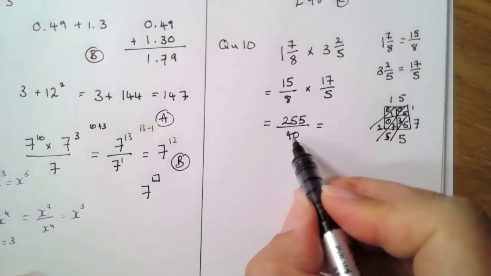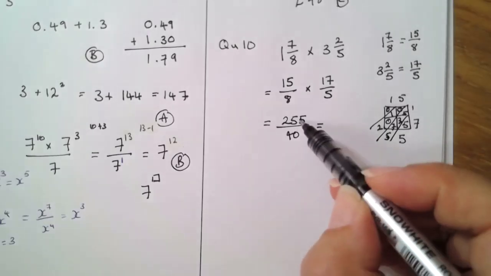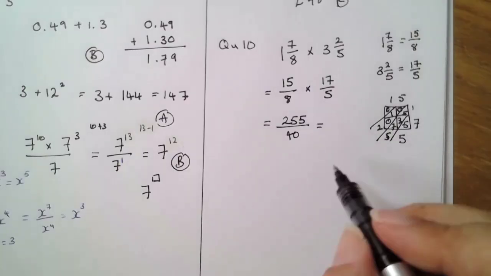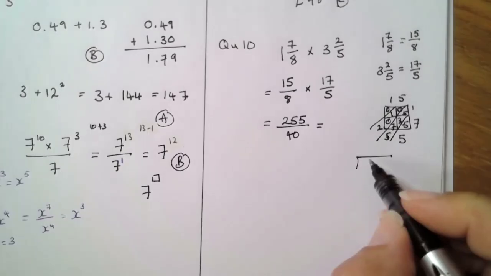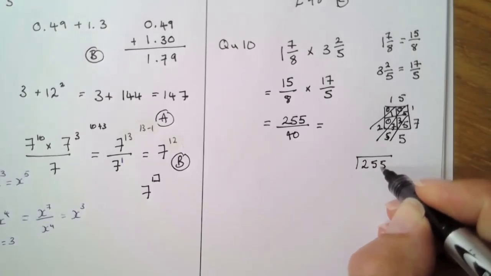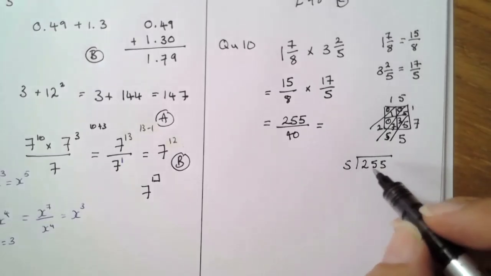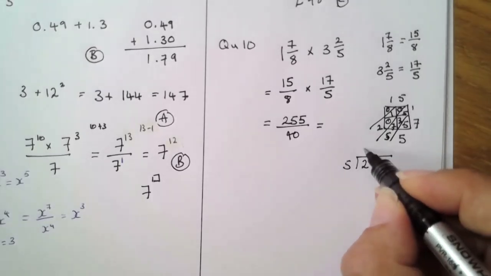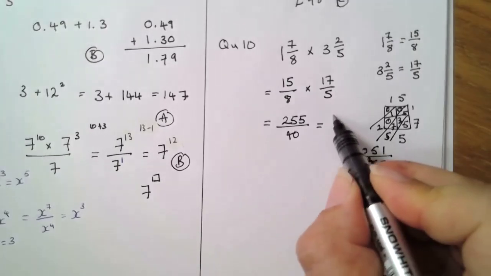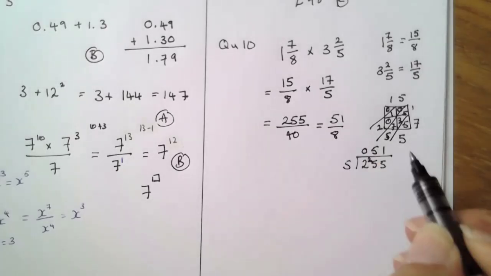And this, again, it's a big number. I know that I know these, 5 is a factor. Both of these numbers are in the 5 times table because the 5 and the 0. So now I'm going to use my friend bus stop to find out how many 5s go into 255. I don't know about the 4s, I don't know about 8s, so I'm just going to do this right now. 5s into 2, carry the 2, 5s into 25. This is 51, so this is now 51. 40 divided by 5 is 8.